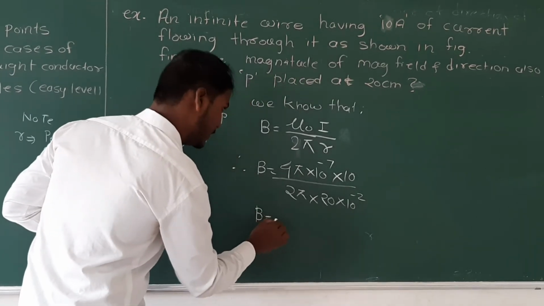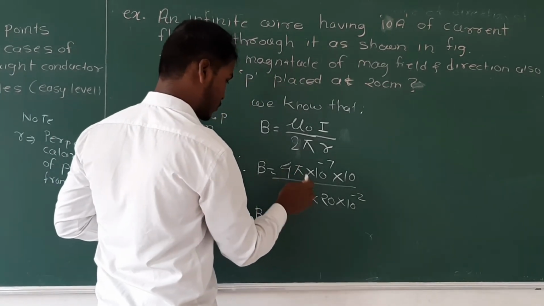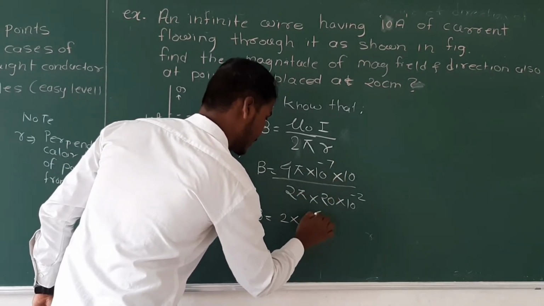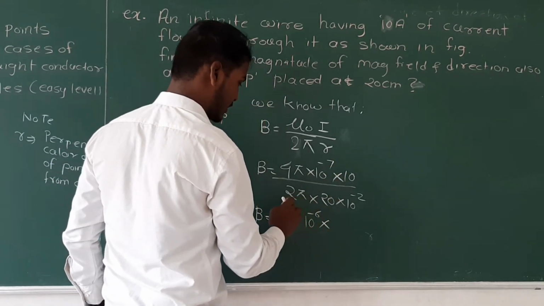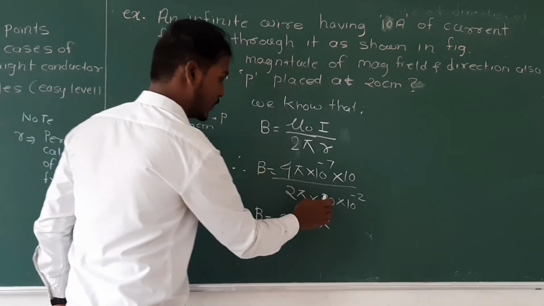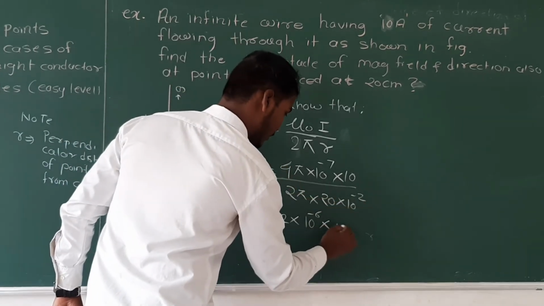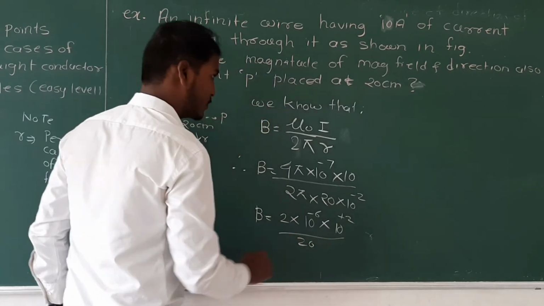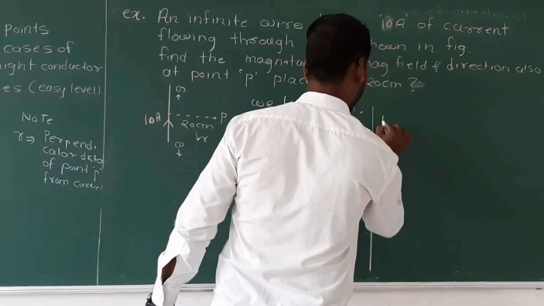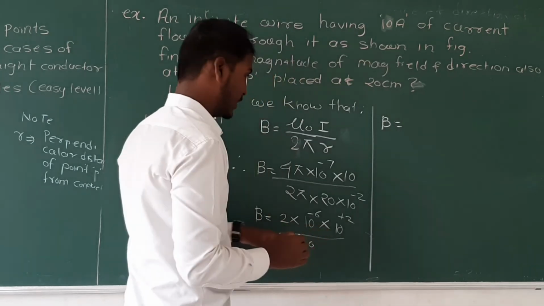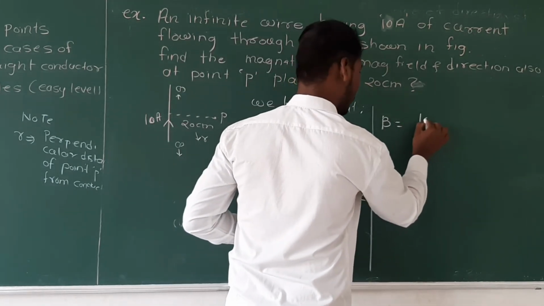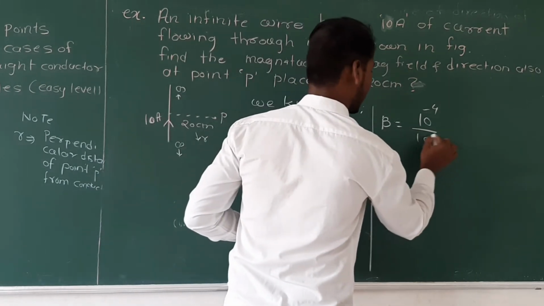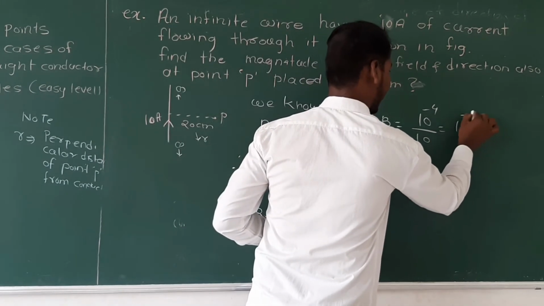So pi gets cancelled, 2 into 10 raised to minus 6, and 20 into 10 raised to minus 2 goes upside, so it will be plus 2, divided by 20. Therefore B is 10 raised to minus 4 divided by 10, so it will be 10 raised to minus 5.